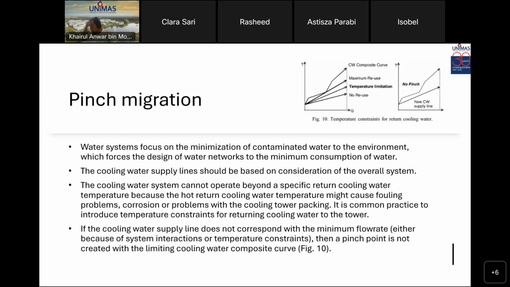The cooling water system cannot operate beyond a specific return cooling water temperature because the hot return cooling water temperature might cause fouling problems, meaning scaling, corrosion, or problems with the cooling tower packing. It is common practice to introduce a temperature constraint for returning cooling water to the tower.